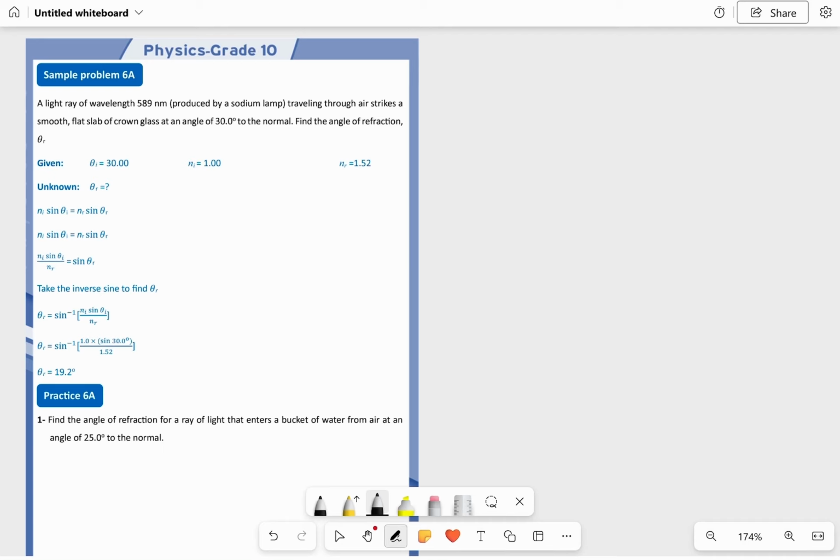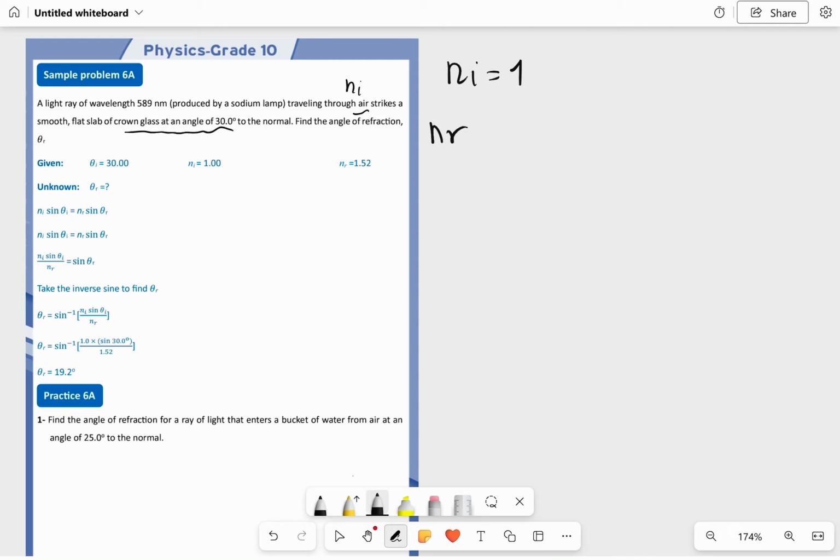A light ray of wavelength 589 nanometers produced by a sodium lamp traveling through air. So first, we know it's traveling through air, so air becomes Ni, strikes a smooth, flat slab of crown glass at an angle of 30. So Ni, which is air, is equal to 1, and then we have crown glass. Let's take a look at the table.